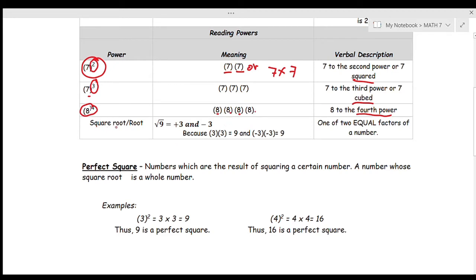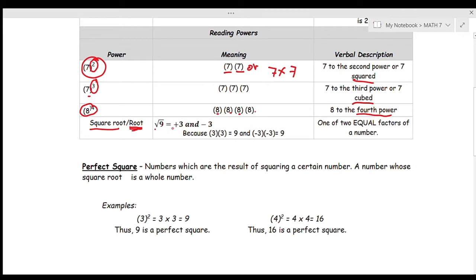We have this square root or root. Square root means, we have this example. This can be read as the square root of 9. And the square root of 9 has its roots. Pag sinabi natin root, meron tayong positive and negative result of this square root of 9.